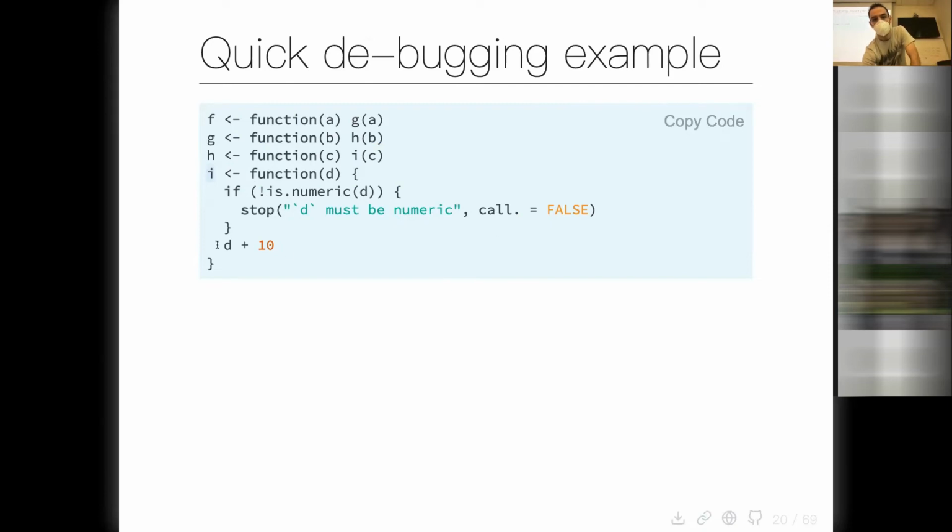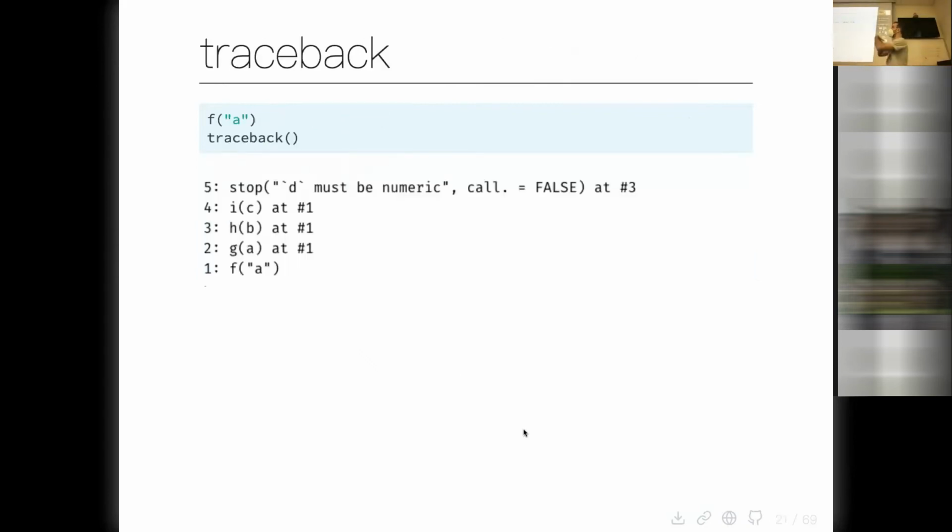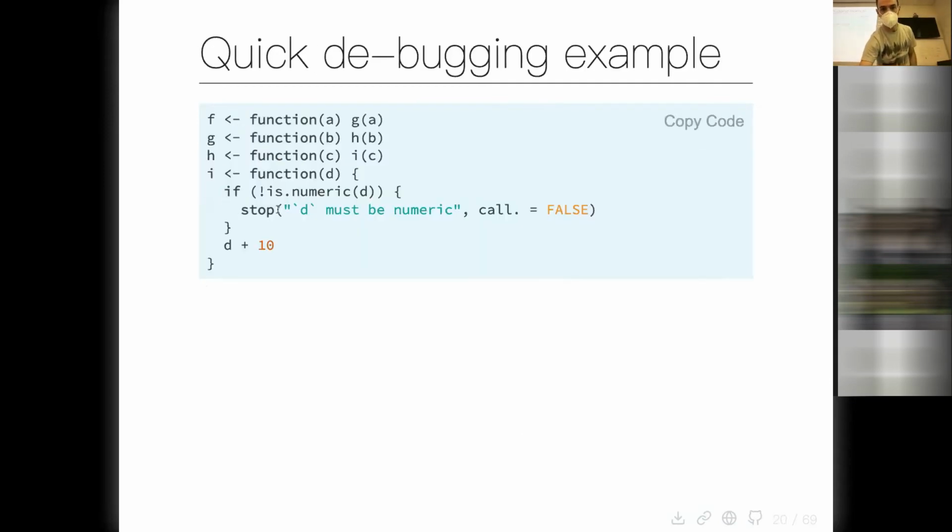And then i says d plus 10. Now, if I say f of a, then I'll get this error here, which may or may not be helpful. In this case, it is pretty helpful, but we could pretend that it's not.